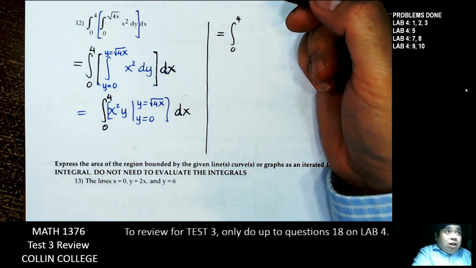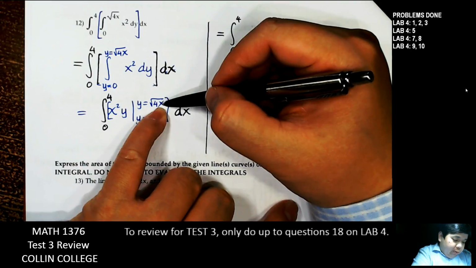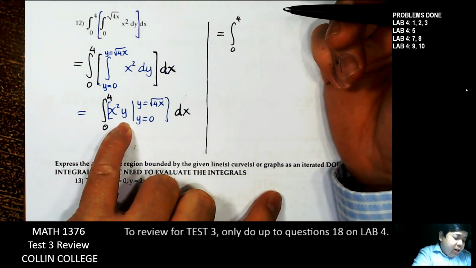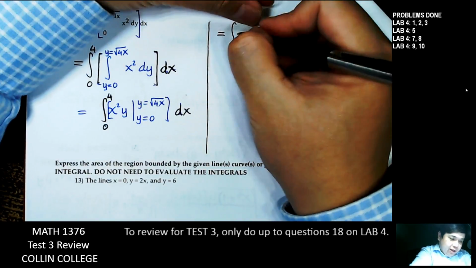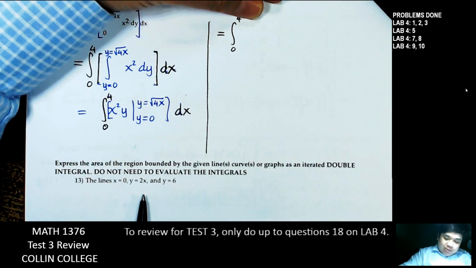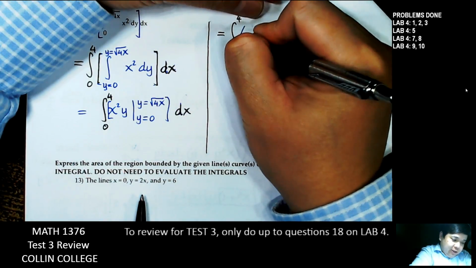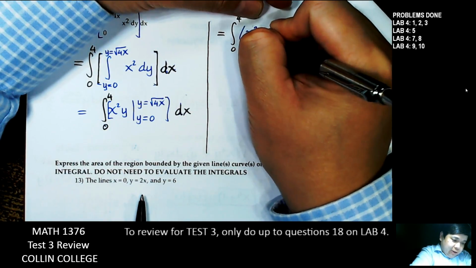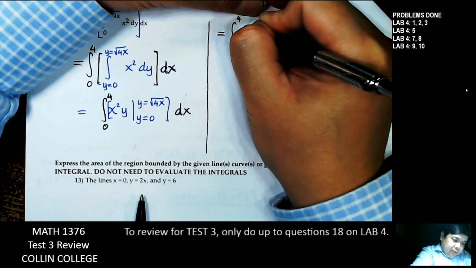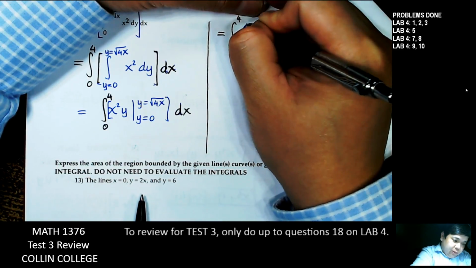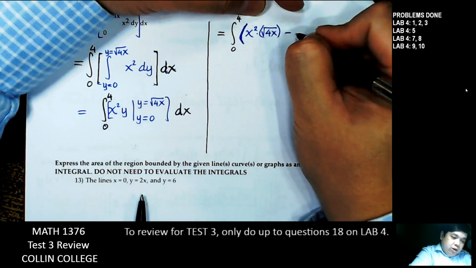But right now, put square root of 4x into y, and then minus where we put 0 in it.